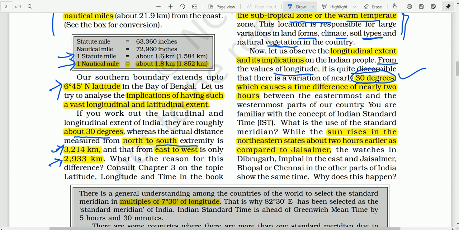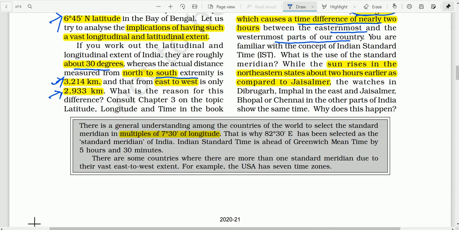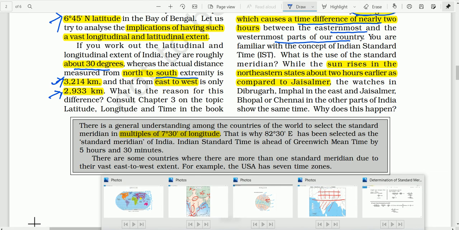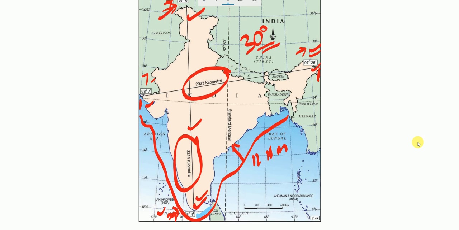Because of this, there is a time difference of nearly 2 hours between the easternmost and the westernmost part of the country. You may again look at this map here. This is the easternmost point, this is the westernmost, and the time difference between them is 2 hours.